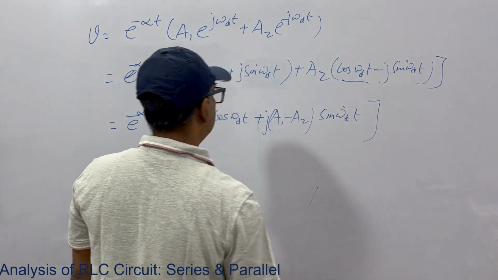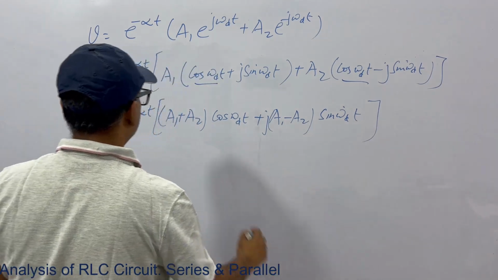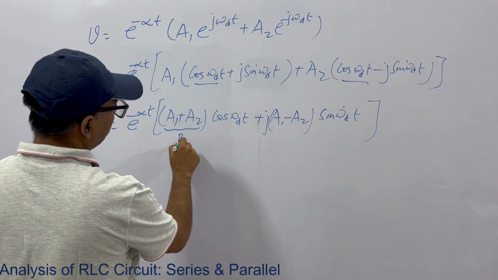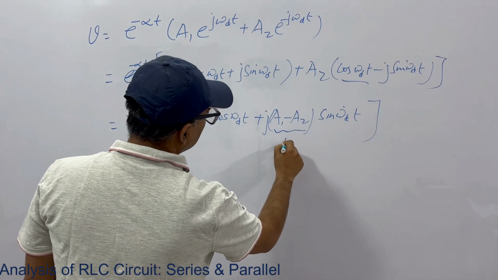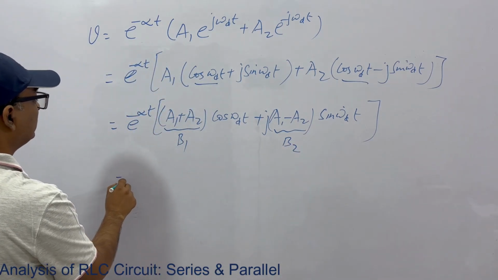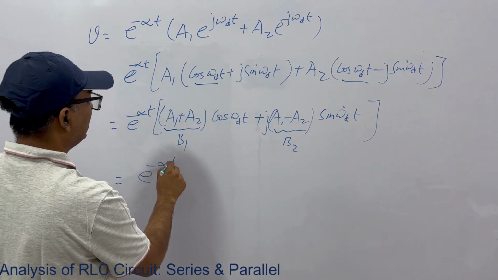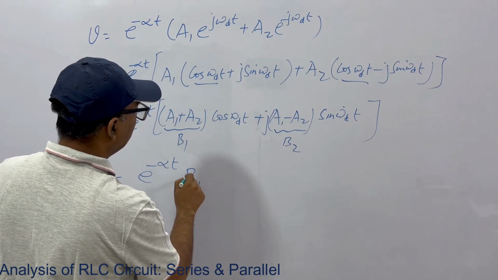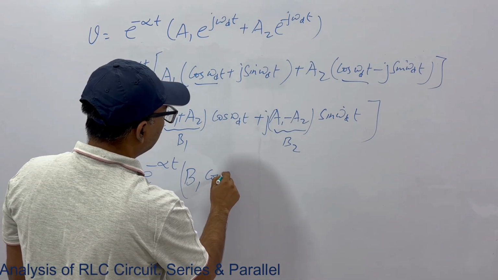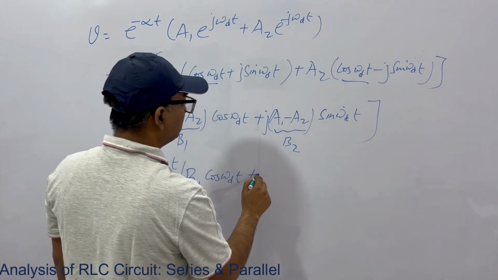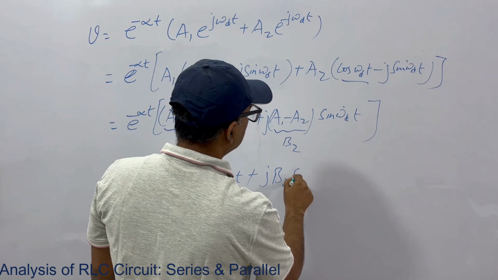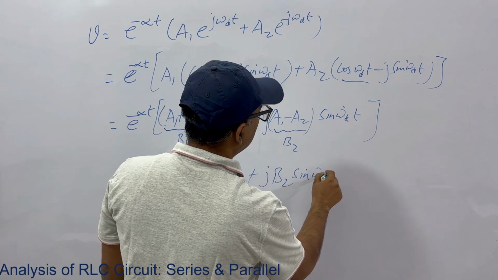So this is the second equation. If you take a1 plus a2 equal to b1 and a1 minus a2 as b2, the equation that you will get is e to the power minus alpha t, b1 cos omega d t plus j b2 sin omega d t.